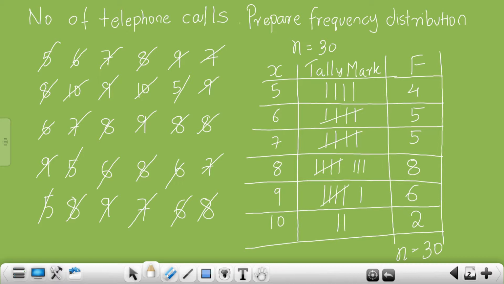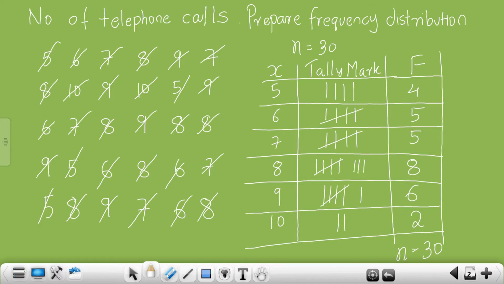The data you were looking at is of the form discrete series. So we have prepared a frequency distribution of data in discrete series form, and in the coming sum we are going to prepare a frequency distribution for continuous series data.